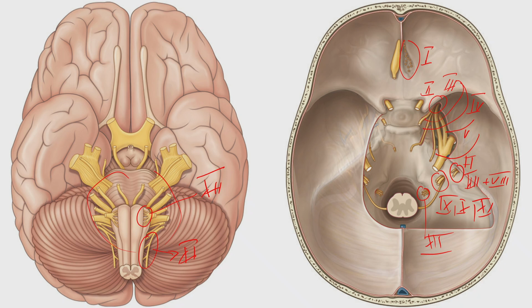So this is the logic of how we name those nerves, according to how they emerge from the skull.